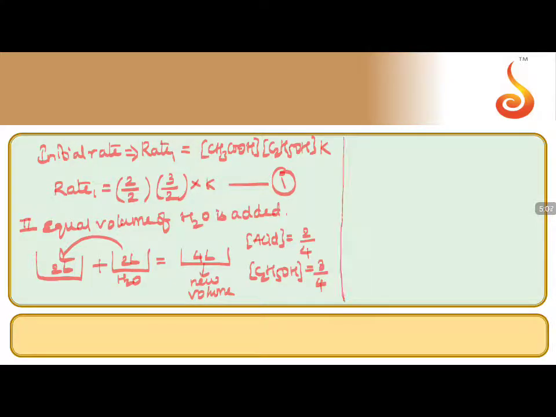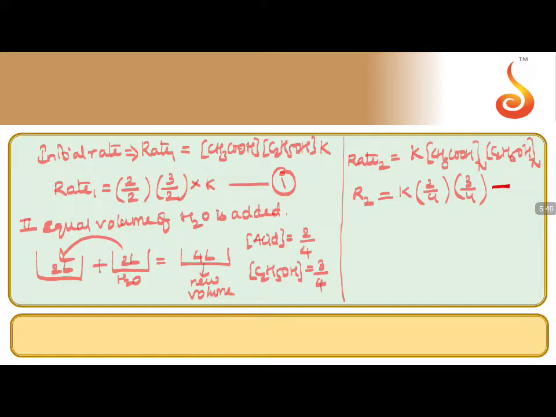Taking this forward, now rate 2 will be taken as k into the concentration of CH3COOH into the concentration of C2H5OH, which is equal to k into 2 by 4 into 3 by 4. Let us take this as equation number 2.